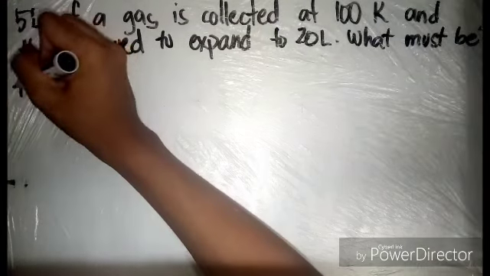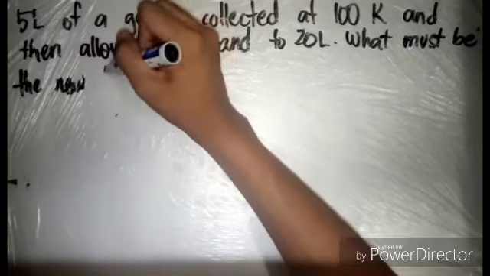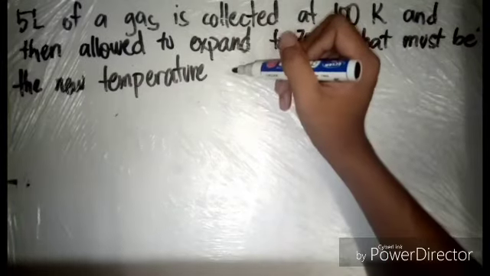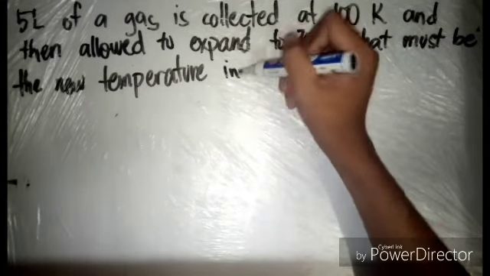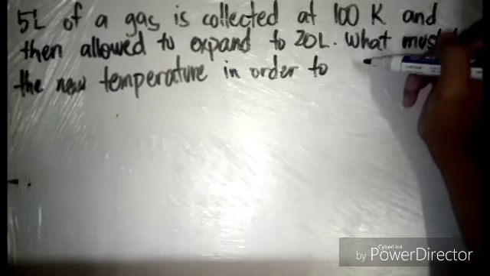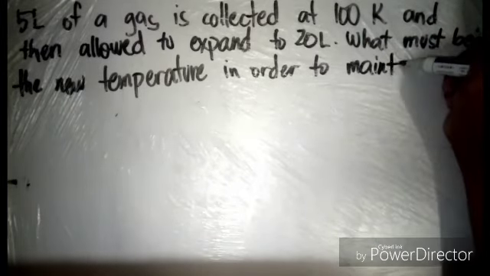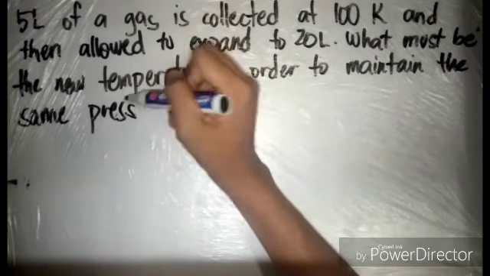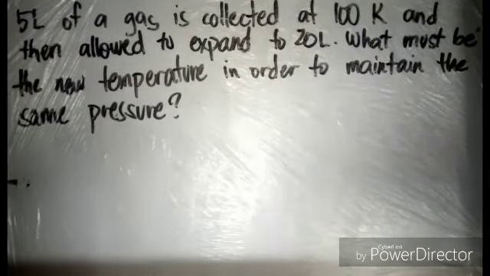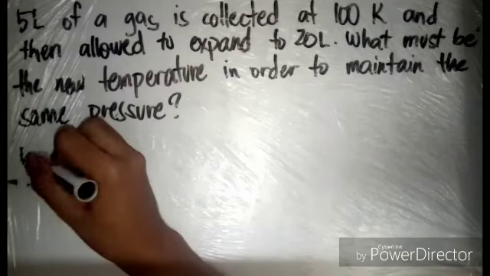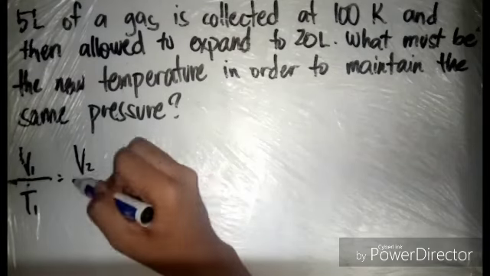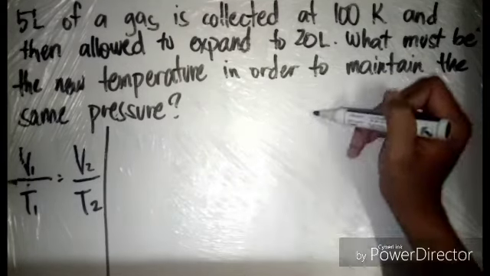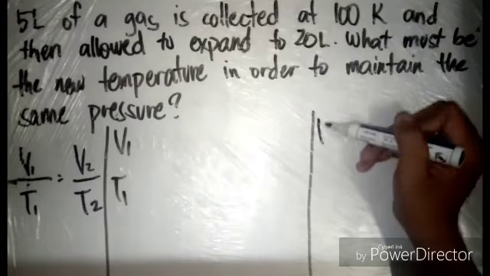Five liters of gas is collected at 100 Kelvin and then allowed to expand to 20 liters. What must be the new temperature in order to maintain the same pressure? So first we should list the formula and the given values as well according to the situation.